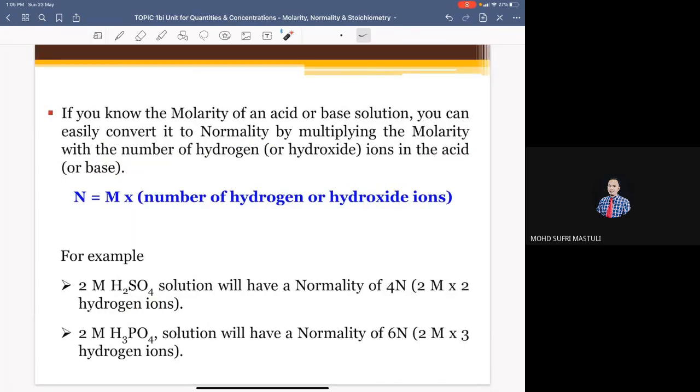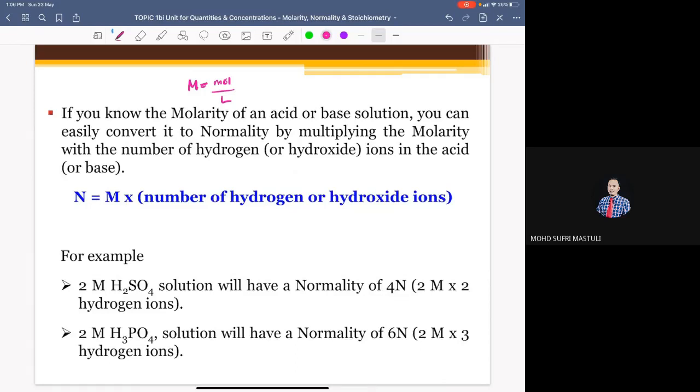If you know the molarity, molarity is mole per liter. If you know the molarity of the acid or the base solution, it is quite easy to convert the molarity into normality.